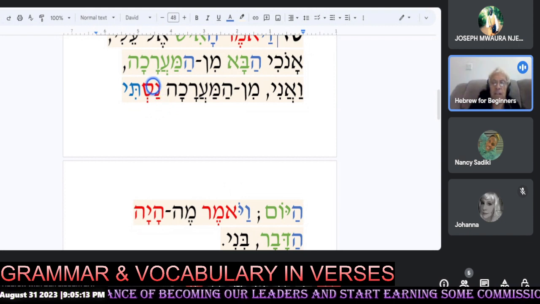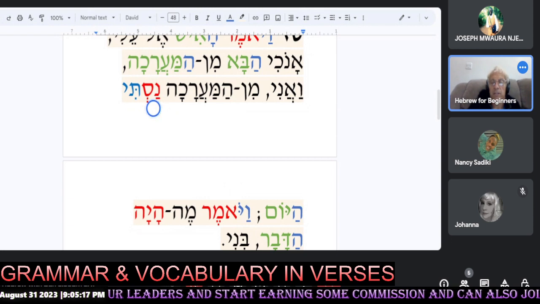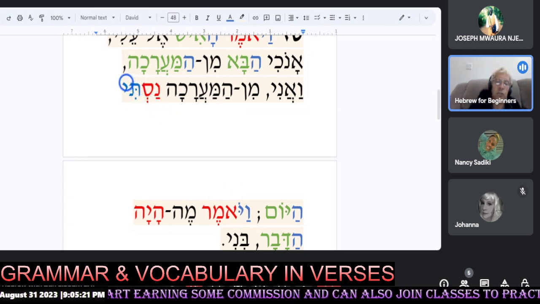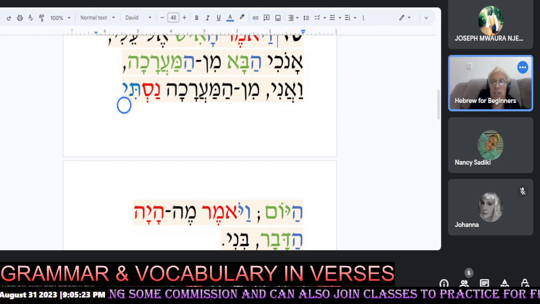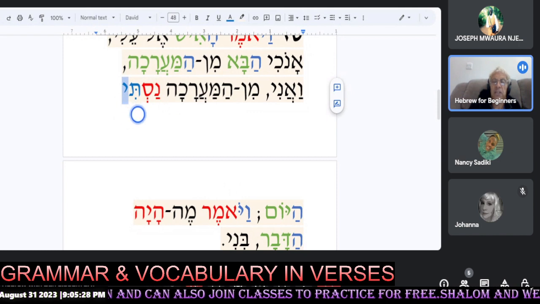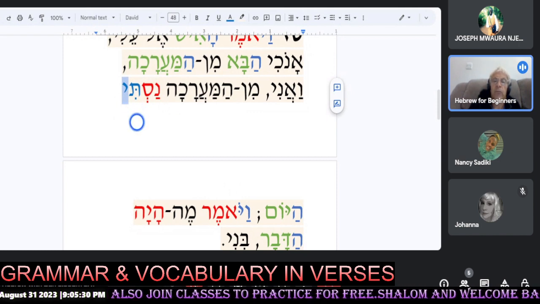That middle, second position radical has dropped out. So it becomes nas. And then we add this tav yud at the end, which is a past tense for the first person singular. Nasti means I fled, I ran away. Ani nasti, I ran away.